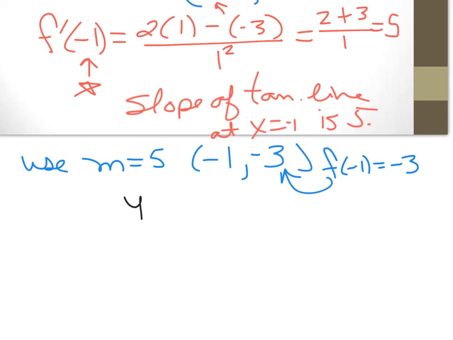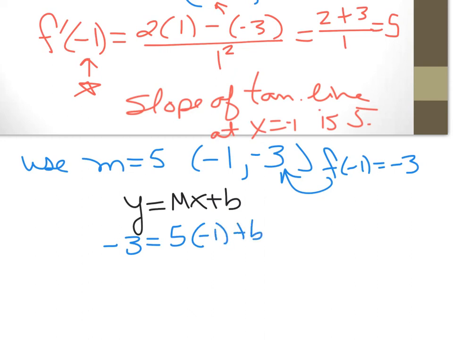And so we're going to use y equals mx plus b, slope-intercept. Substitute the y in. The slope is 5. Substitute the x in. Go find the b. Well, 5 times -1 is -5, so let's add 5 to both sides. That gives us 2 is b. Now, aren't we done at this point? And the answer is yes.